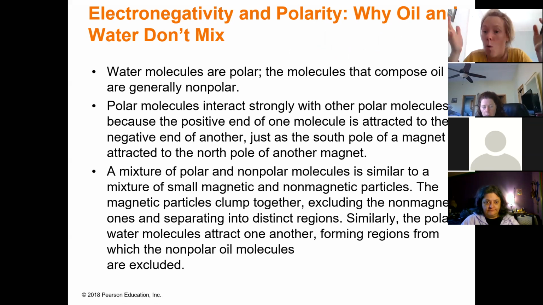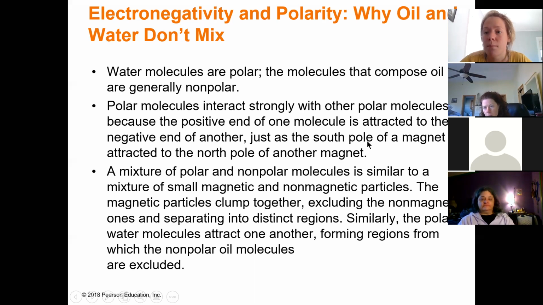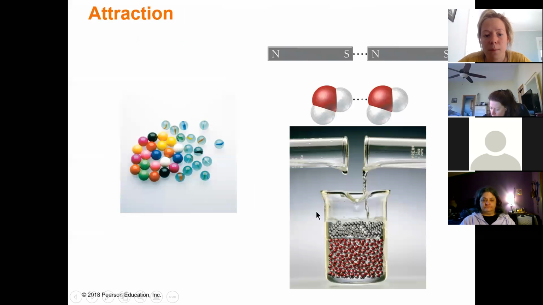You can think of the water like the magnets. When we put the water with the oil, the oil is nonpolar. It doesn't have that positive and negative charge. It's nice and balanced. So all the water molecules clump together and they repel or push out the oil. So it's not that the oil is clumping together. It's actually that the water is clumping together and the oil is being left without any other options.